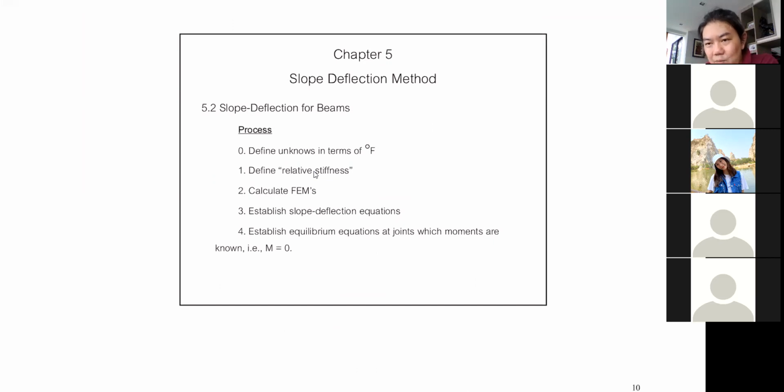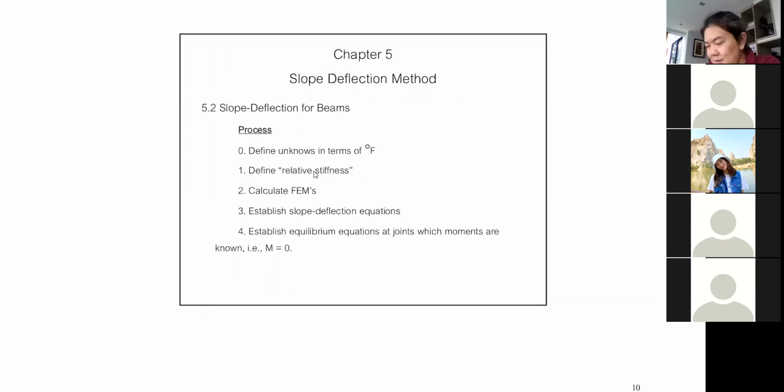In a way, that makes this class a little bit easier than CVE337, because that one requires complete understanding. So you can start off by step number 0. Of course, you need to know the degrees of freedom that you need to solve, which we just mentioned. The second one, we will define the relative stiffness of the structure.